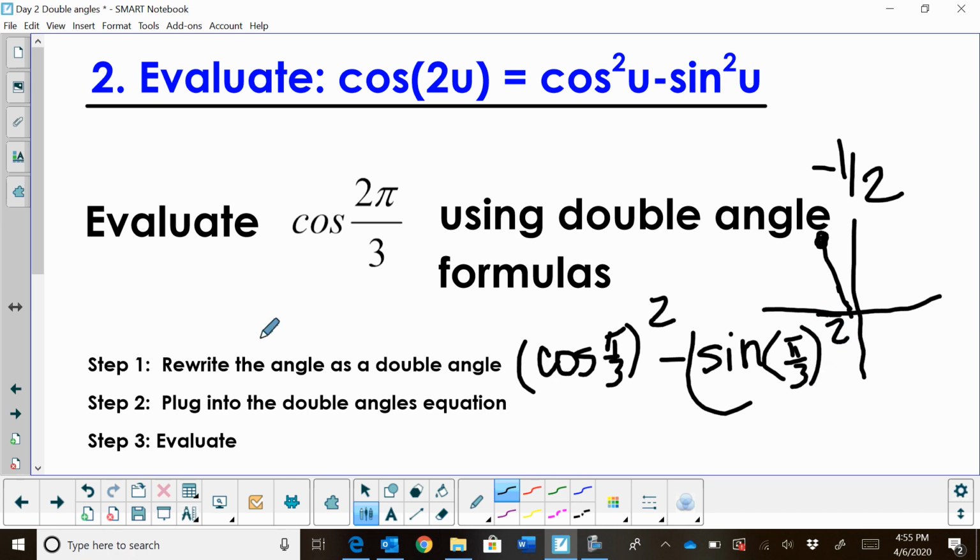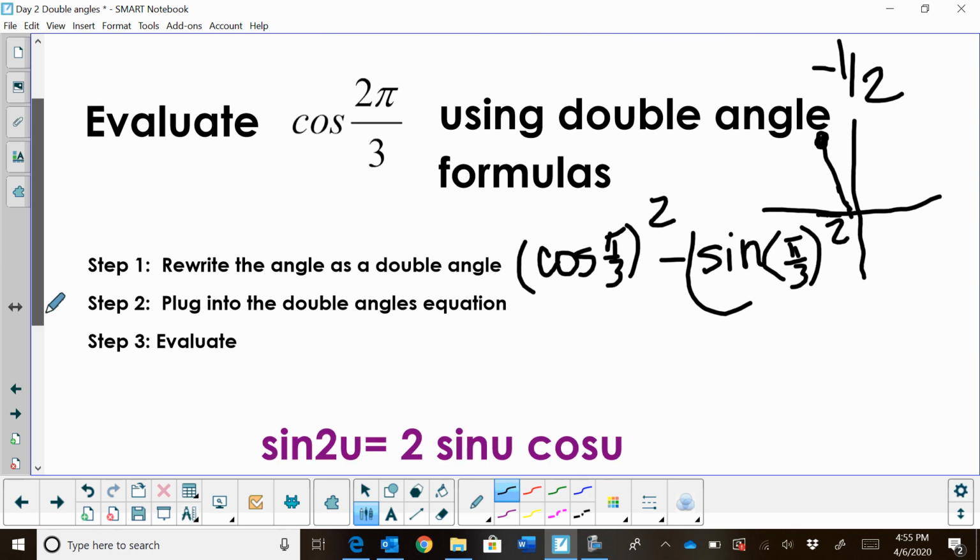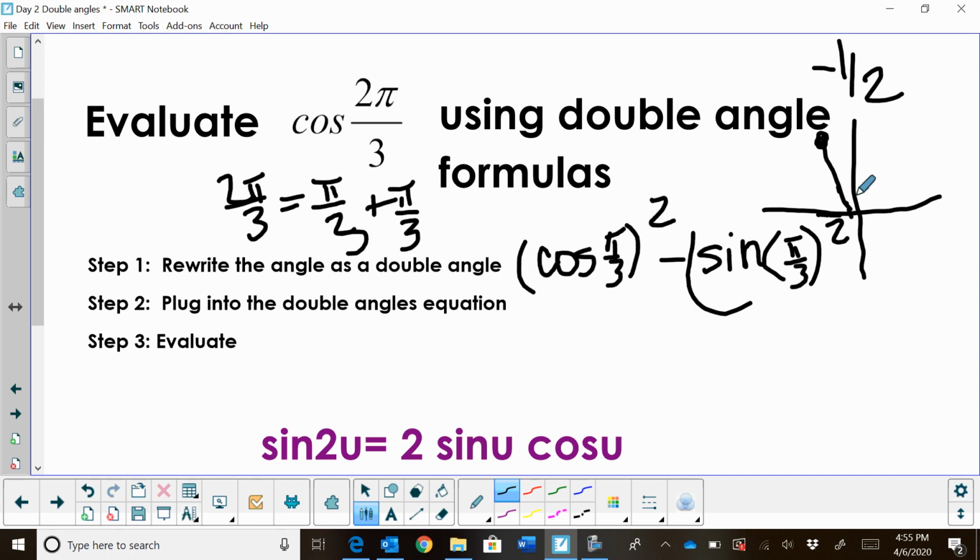We're going to expand that as half of this angle, which is, remember, 2 pi thirds, can be written as pi thirds plus pi thirds. So we're just taking half of the original angle. Now, pi thirds is right here.